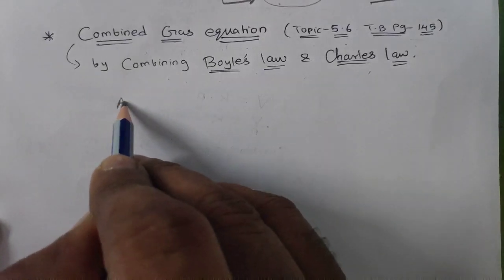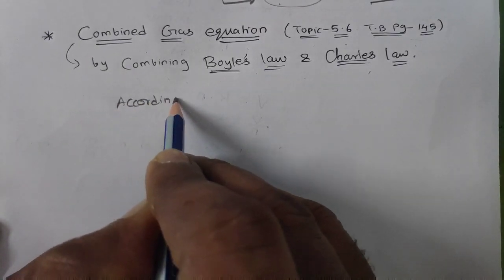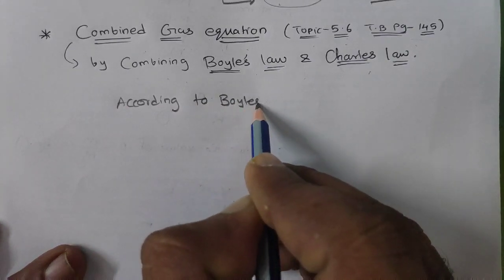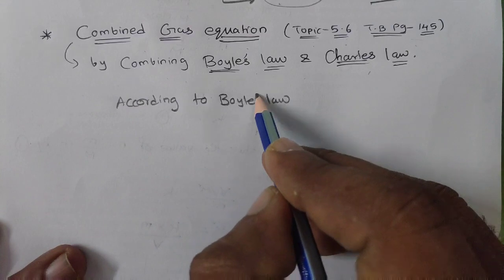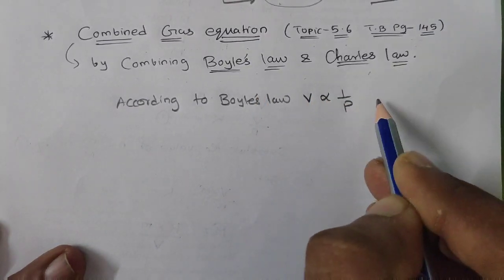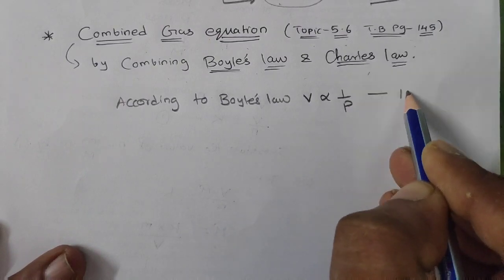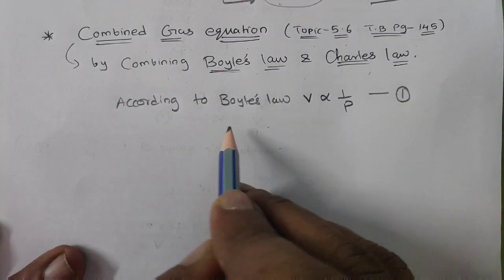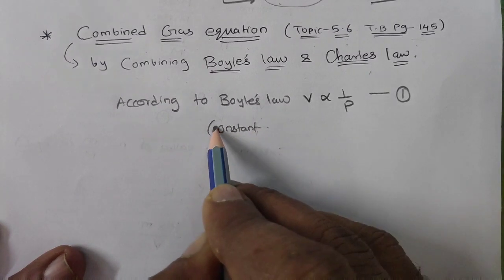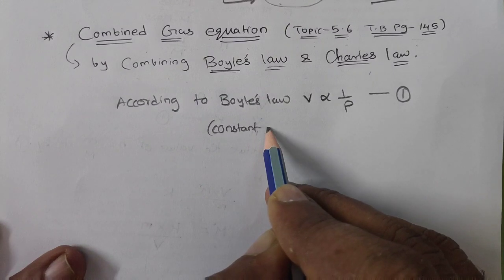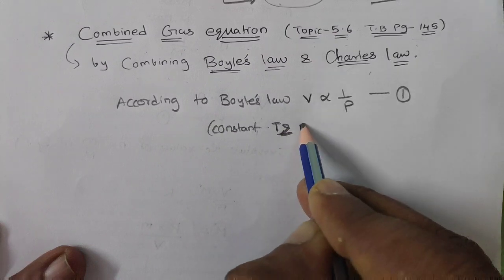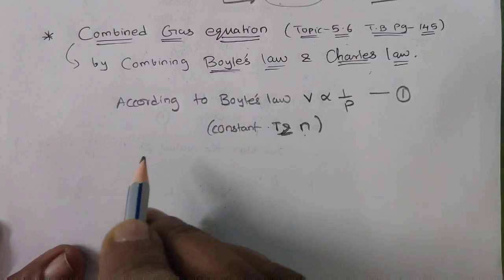Now according to Boyle's law, we know volume is inversely proportional to pressure. This I will take as equation 1. In this, what is constant? Constant temperature and amount of gas.